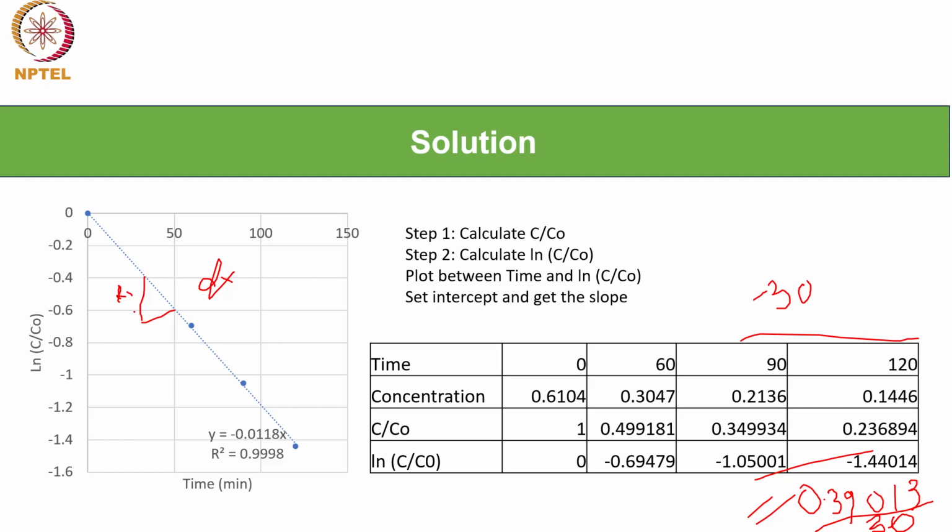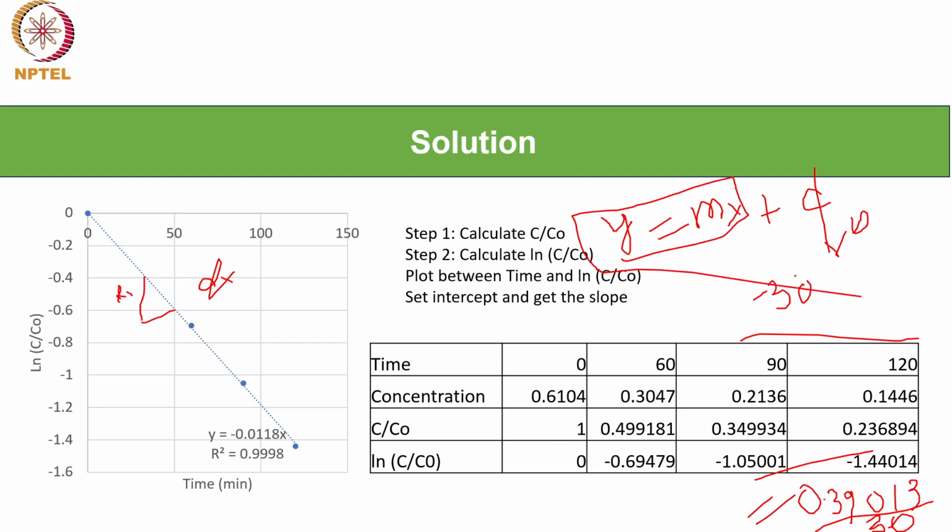But what exactly you have to do is find the equation of this line. This is a line, no? So we will be getting y is equal to mx plus c. C will be approximately equal to 0, negligible here, because at time 0 the first point is 0 comma 0. So you have to make a plot between y and x, that is ln of C by C naught versus time.